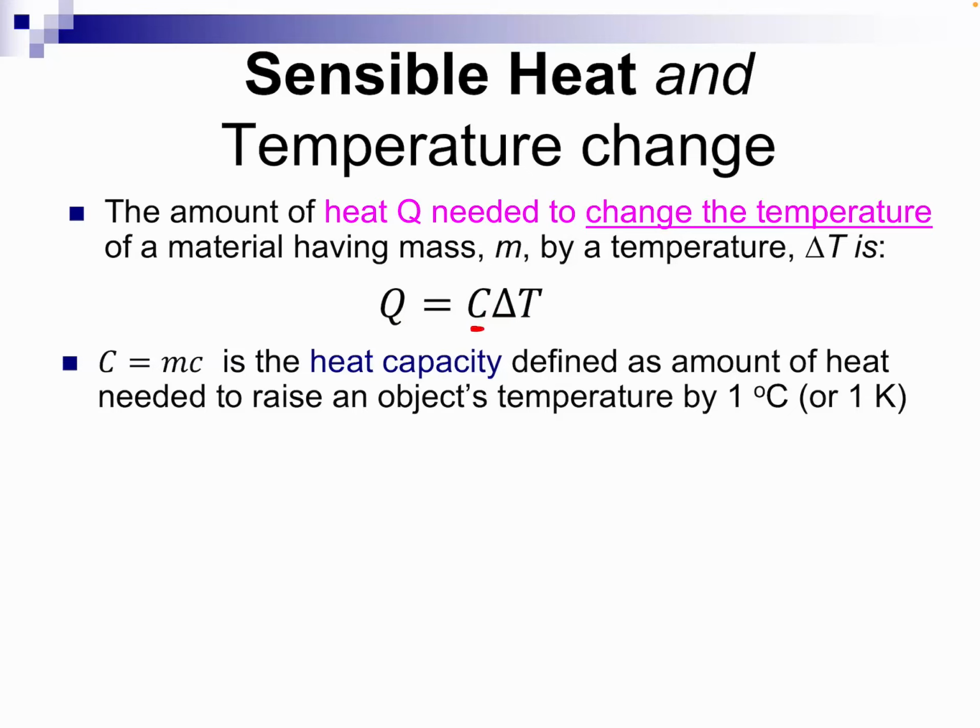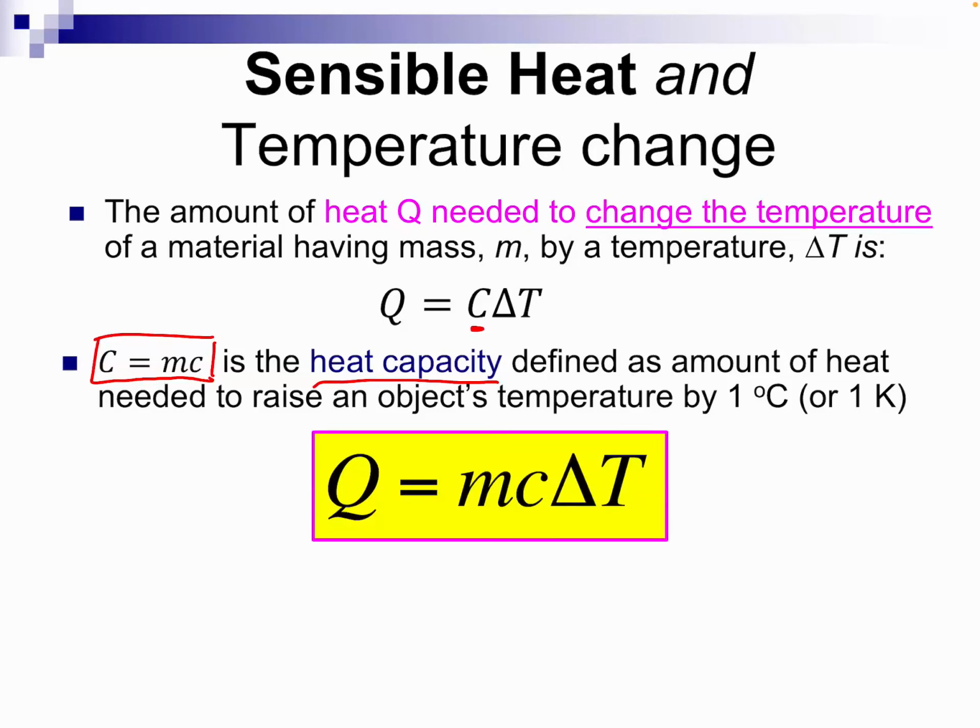C, capital C here, is called the heat capacity, which is defined as the amount of heat needed to raise the object's temperature by 1 degree Celsius. And it's equal to the mass times a small c. It's getting a little bit confusing because we have capital C and small c, but if we substitute the definition for heat capacity into the definition of the amount of heat needed to change the temperature, we have Q equals mc delta T. And this is the most common form of the equation that we'll find in the textbook or on the internet.